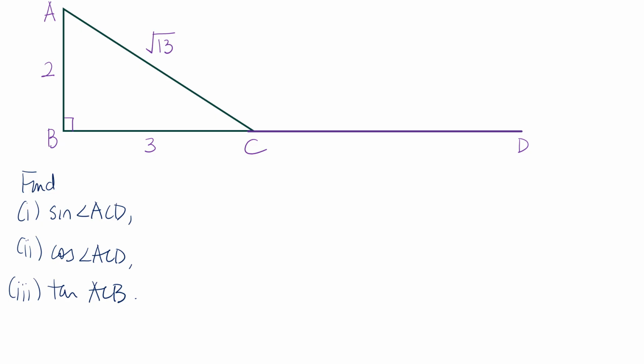All right, so a common mistake that most students make is they literally go and find the angle ACB. So for sine, the ratio is opposite over hypotenuse, so it's 2 over square root 13.